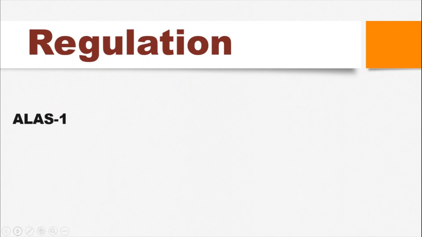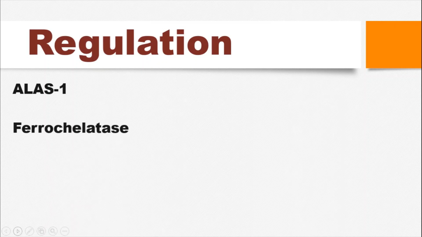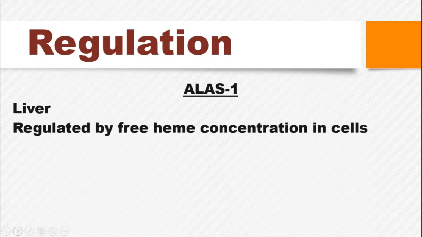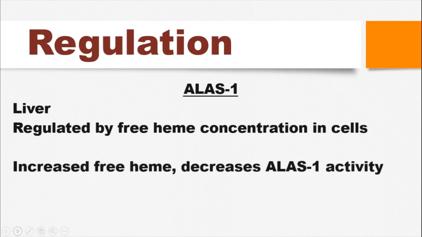Now, for the regulation, there are only two very important regulatory steps. One is called ALA synthase 1. ALA synthase 2 cannot be regulated. And another enzyme is ferrochelatase. Now, ALA synthase 1 in the liver can be regulated by free heme concentration in the cell.